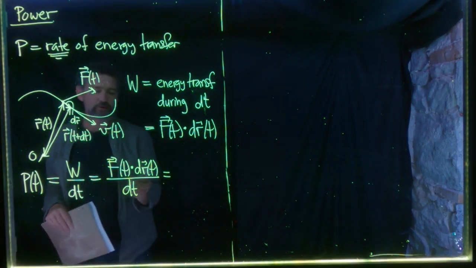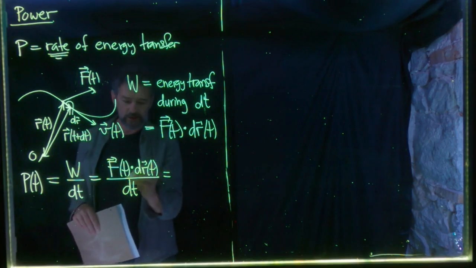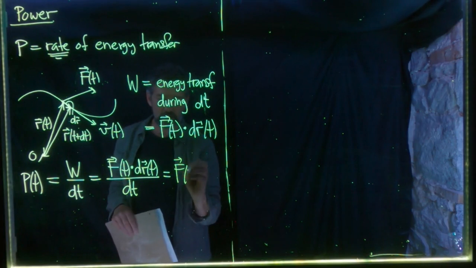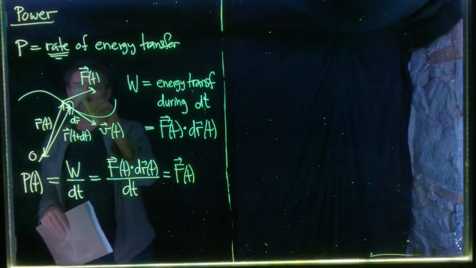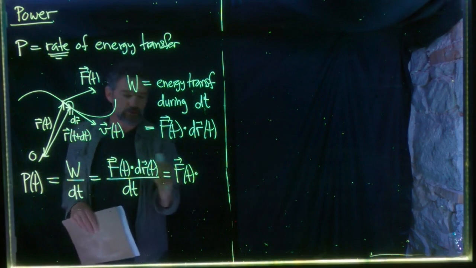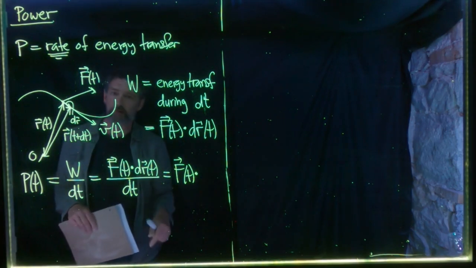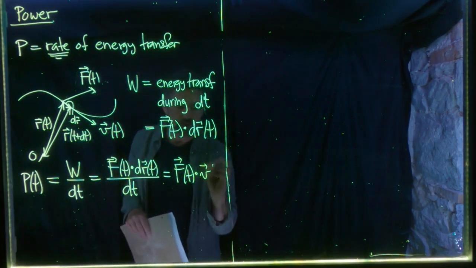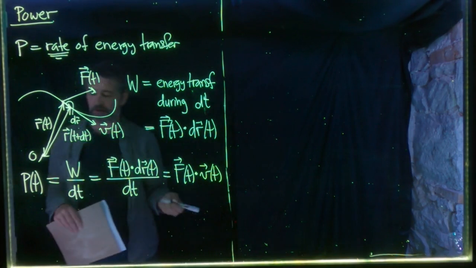So now we're just going to collect this together. So it's the instantaneous force vector at time t, in a vector dot product with the vector dr divided by dt, the scalar dt. Well, dr over dt, that's just the velocity. And so that's the velocity at the instant of time t, the instantaneous velocity.